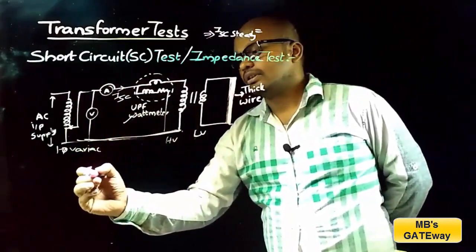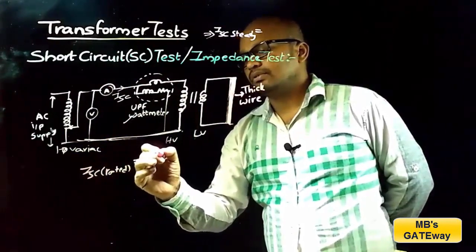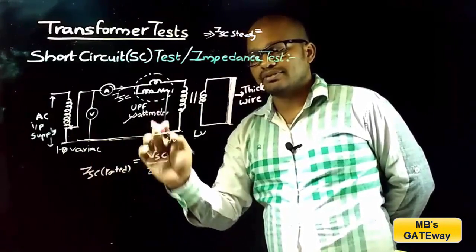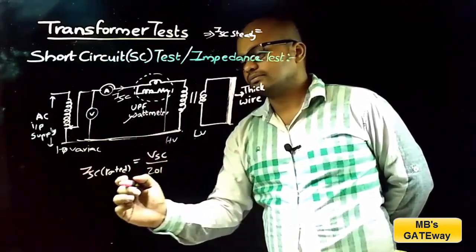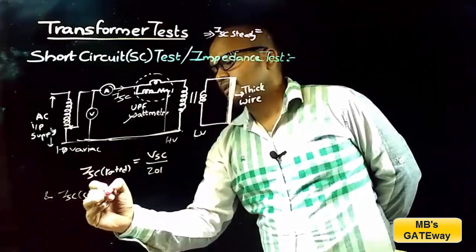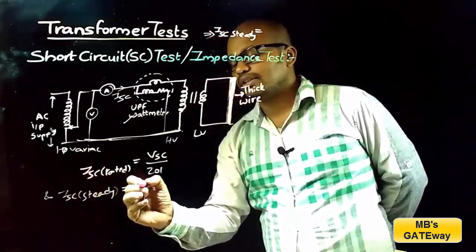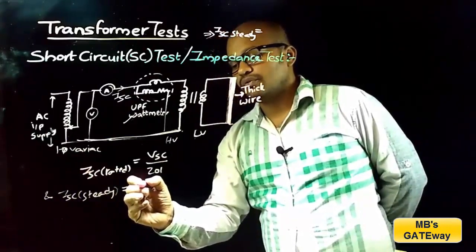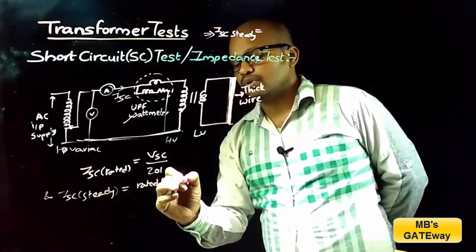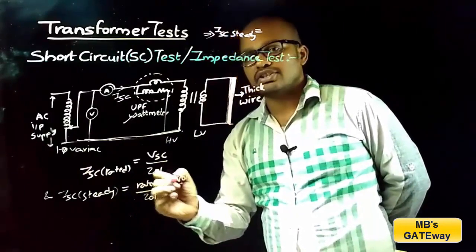So here ISC rated is equal to short circuit voltage by the impedance of the transformer Z01, and ISC steady, that is steady short circuit current, is given by the ratio of rated HV voltage by the impedance Z01.